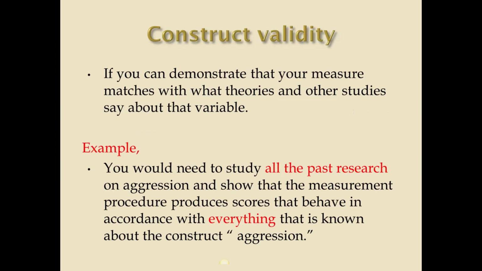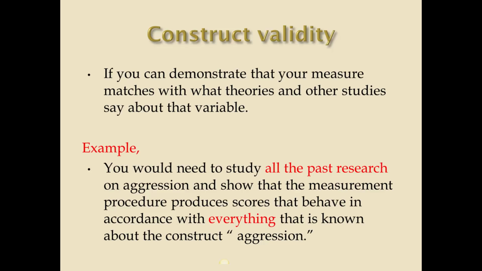The other one is construct validity. Construct validity is probably the hardest way to measure validity, but it's also the most appropriate and the most powerful way to measure validity.